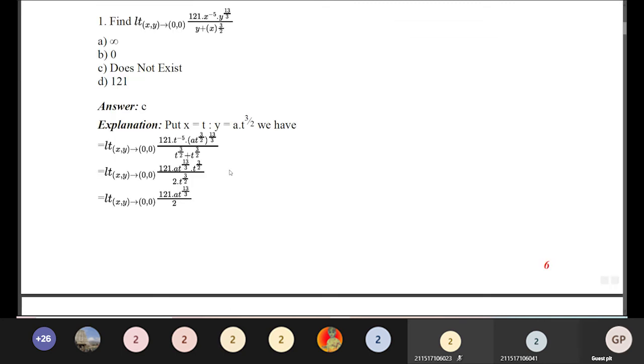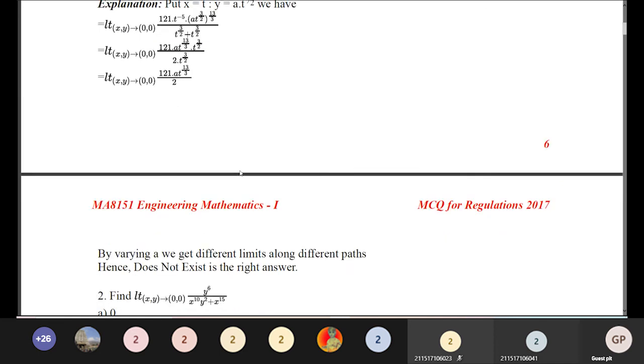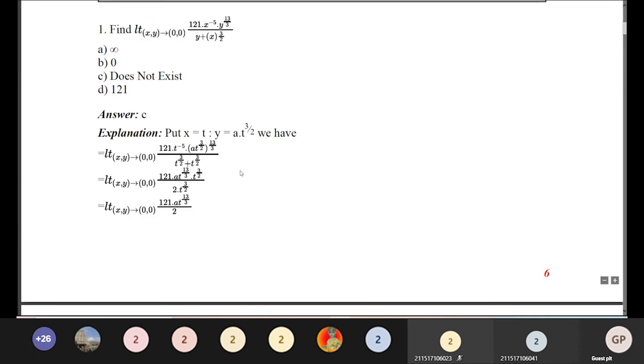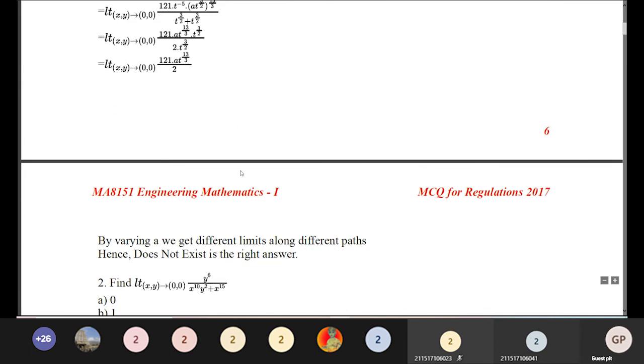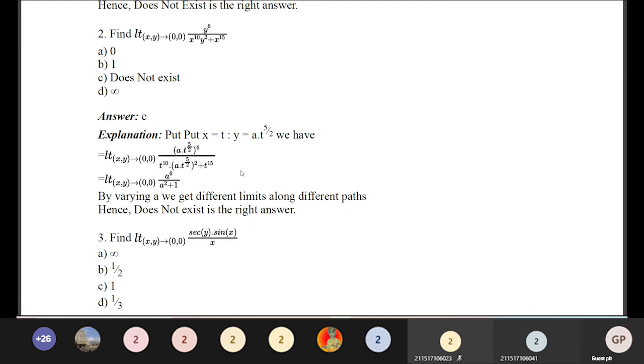It will be 121 a t power 13 by 3 by 2. So when x tends to 0 and y tends to 0, it will be different path. So does not exist is the right answer. Next problem also does not exist. We'll go through that.